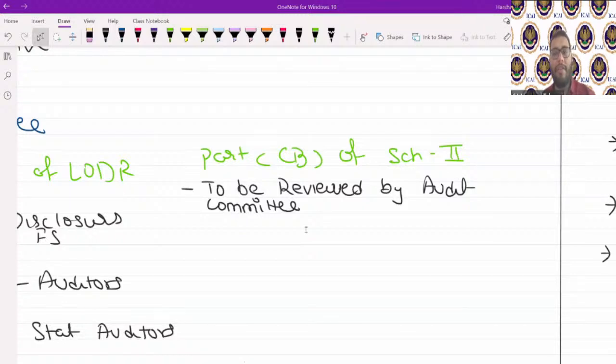First, management discussion and analysis of financial condition, results, and operations.